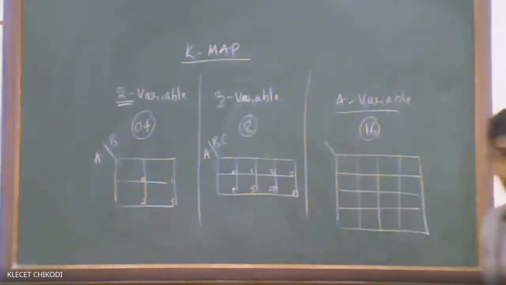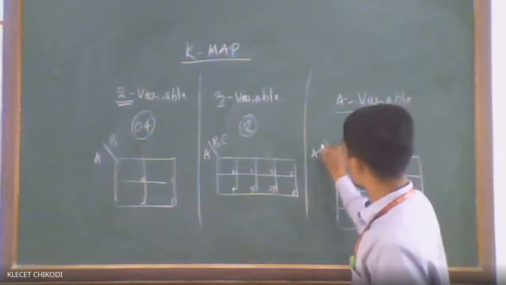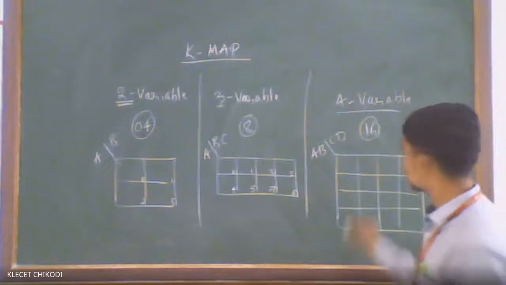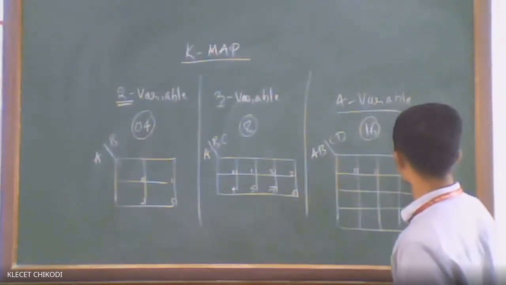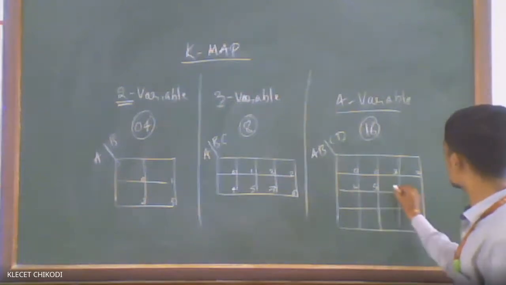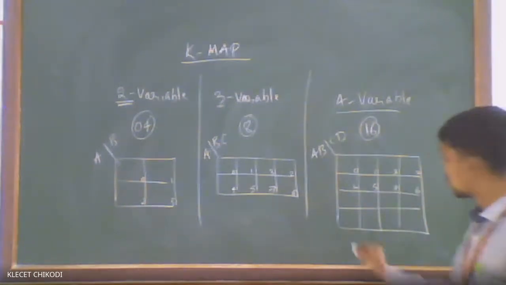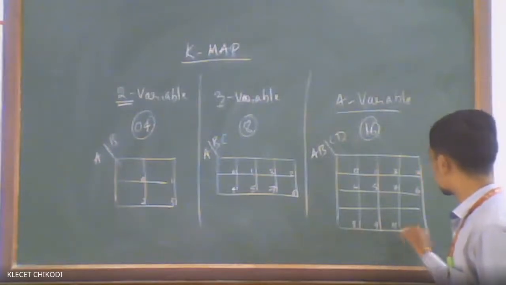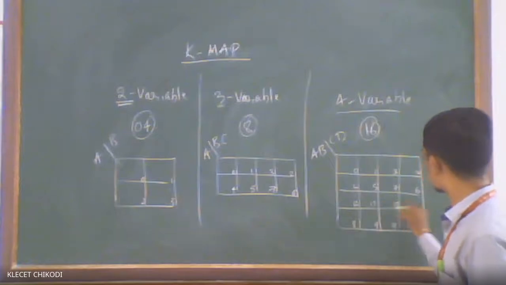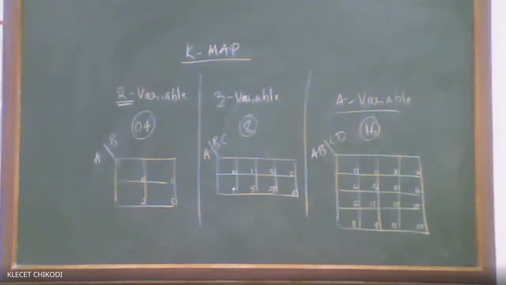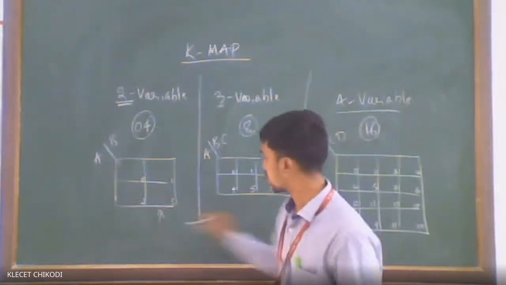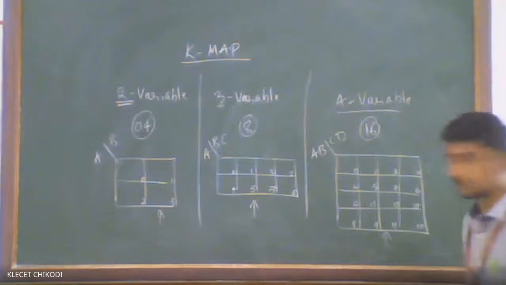Since we have 4 variables, I will write the AB variable here, CD here, and the cell numbering is 0, 1, 2, 3, 4, 5, 7, 6, 8, 9, 11, 10, 12, 13, 15, 14. So this is how the K-maps look, and the respective cell numbering for each K-map.